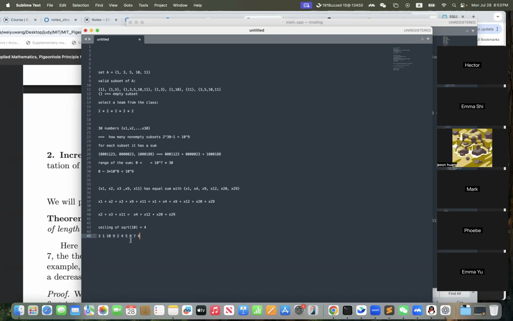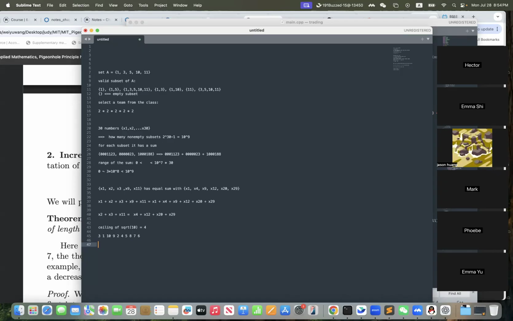Can you give us an increasing subsequence of length 4?